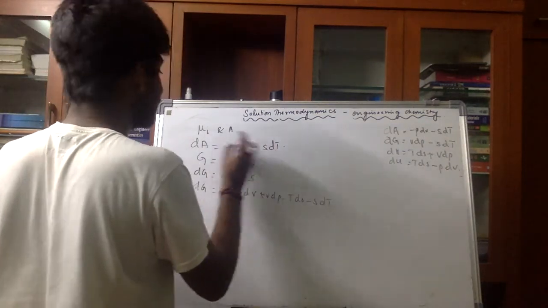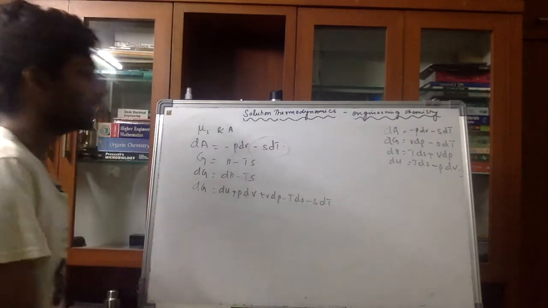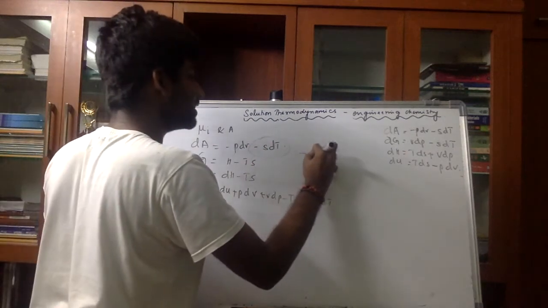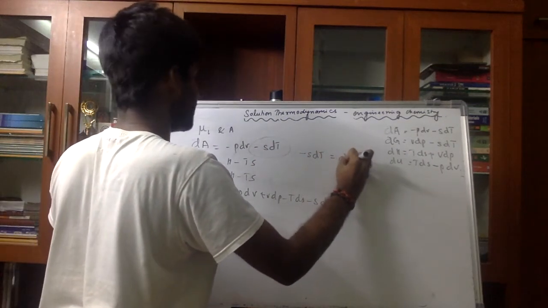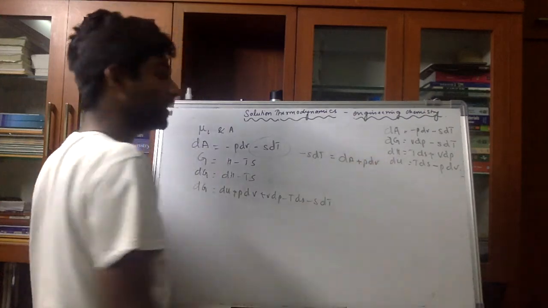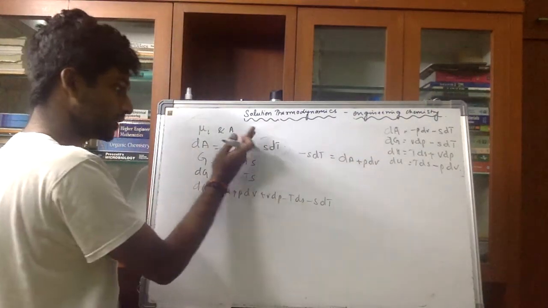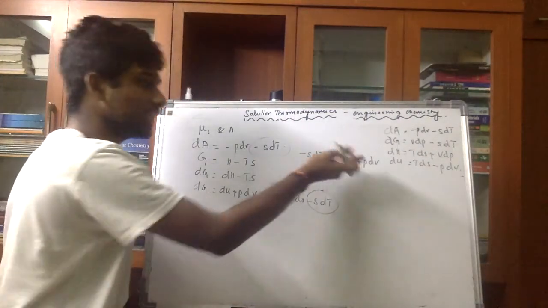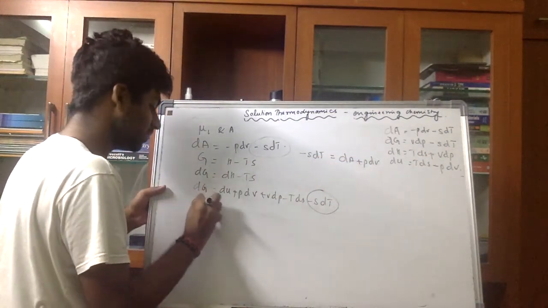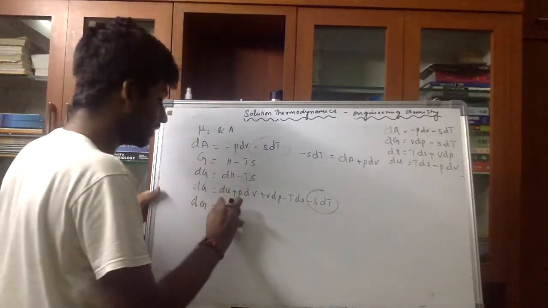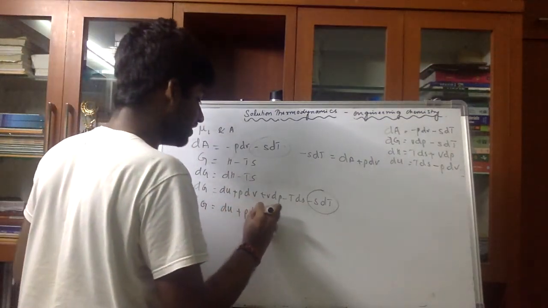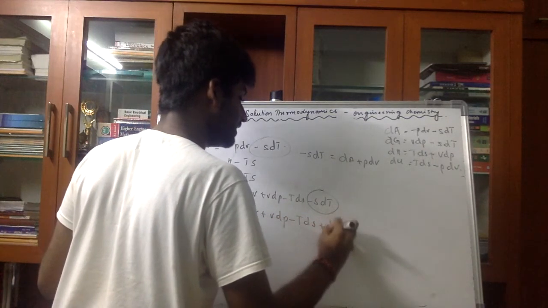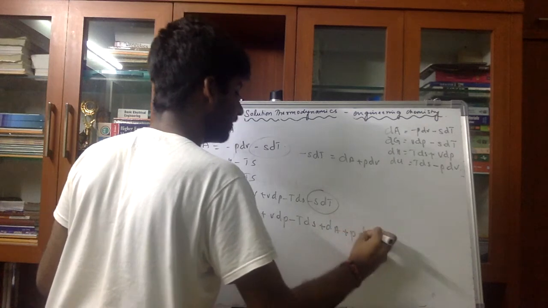Now can you see minus SdT here? Can I write minus SdT equal to dA plus PdV? Yes, I can, because I'm taking this PdV to the other side. I can find one minus SdT in this equation as well. Substitute this here. Now this is where you will have to use your brains and figure out the concept: PdV plus VdP minus TdS plus dA plus PdV.